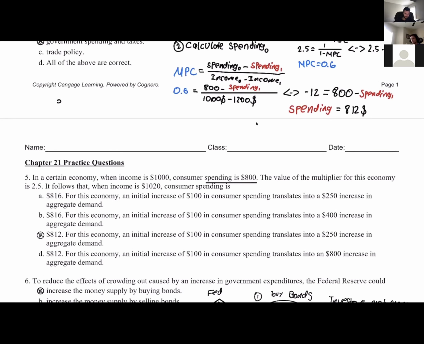Then we can eliminate those two choices. We have two choices left, 812, and an initial increase of 100 in consumer spending translates to a 250 increase, because remember, the multiplier is 2.5, so 100 times 2.5 equals 250. So that's why the answer here is going to be C and not D.